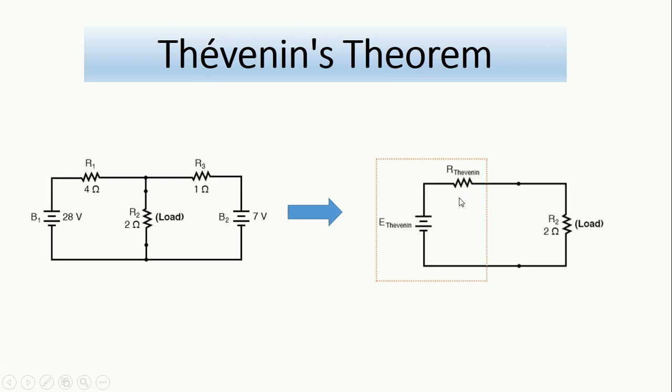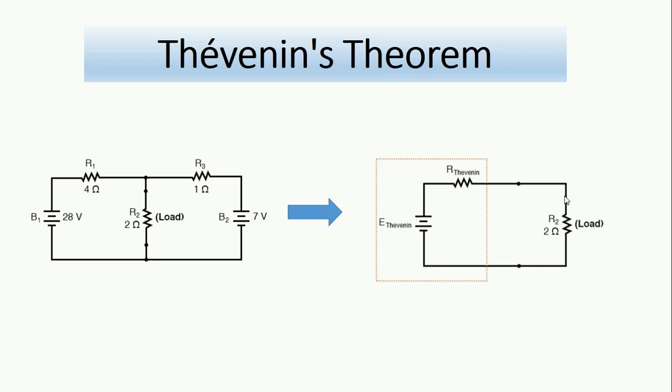Thevenin is actually calculating the voltage across in the case of the absence of this load. So if we consider that this load is not present between these two terminals, it's an open circuit. If we remove this load from here, it becomes an open circuit. When this becomes an open circuit, then this open circuit voltage, or the voltage at no load, is exactly the Thevenin voltage that we are looking for.